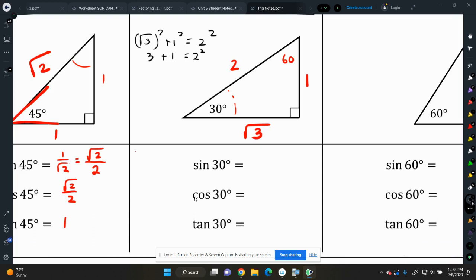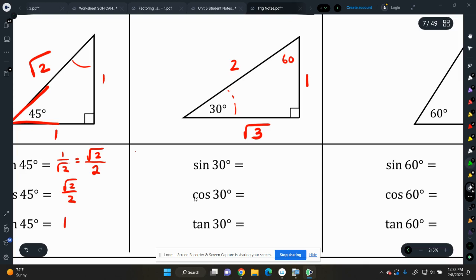Once again, memorize the ratio: 1, 2, square root of 3. The other way that you can check to see if you labeled it correctly, remember I said the smallest side is opposite the smallest angle. The largest side is opposite the largest angle, right?